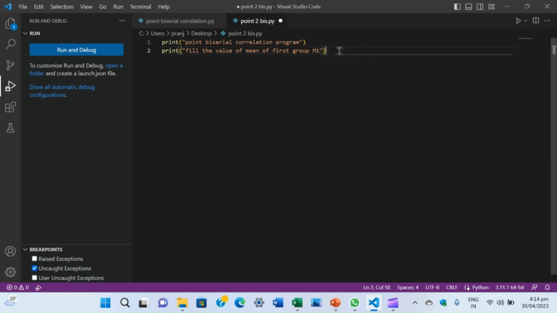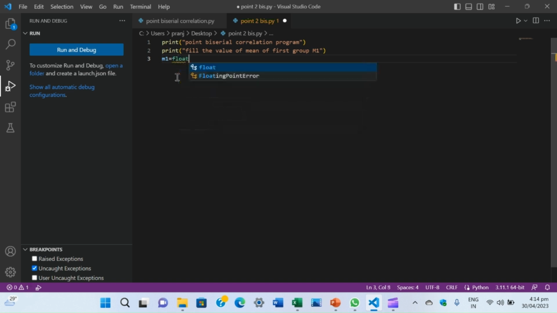It will be visible in the program's outcome, and then we need to insert the value of M1. First, we define the variable: M1, the variable for the mean of the first group, is equal to float, because the nature of M1 is float.